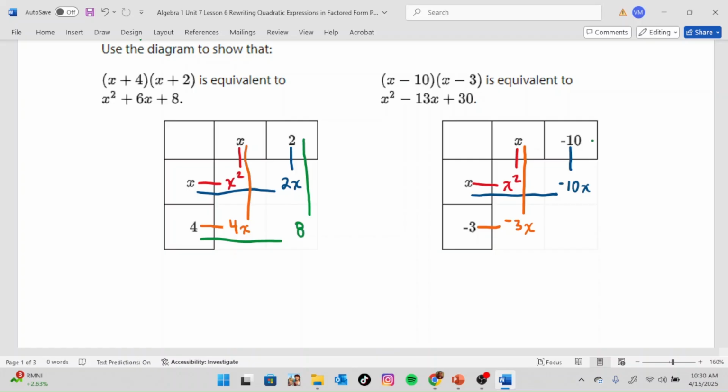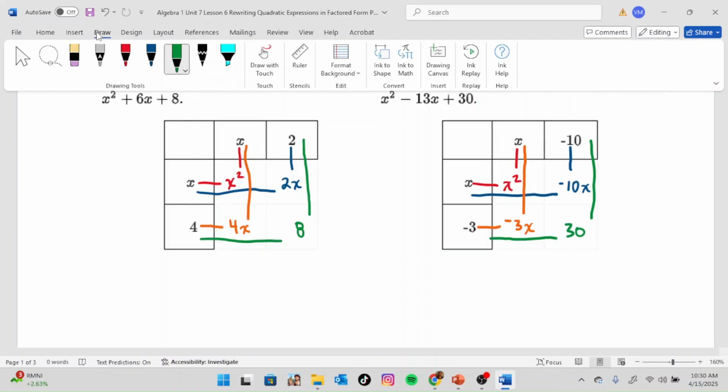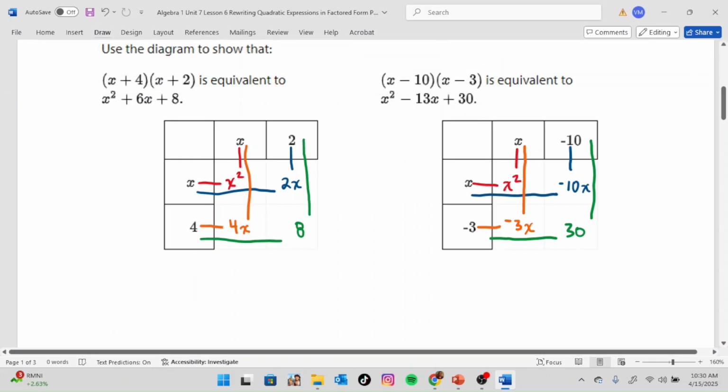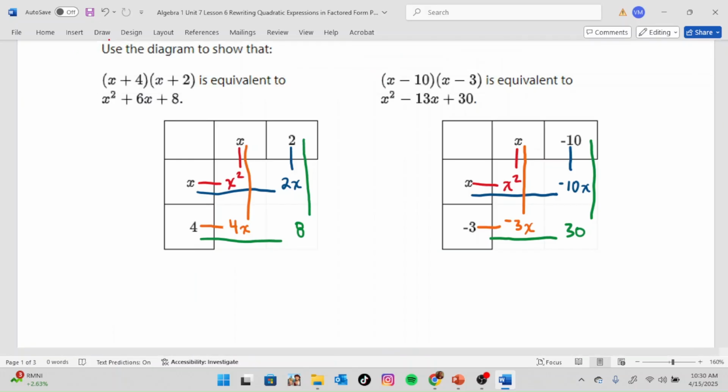And then on the right side, we're going to bring this 10 down, and we're going to multiply it by this negative 3 on the left, and a negative times a negative is a positive, and 10 times 3 is 30. So once we have our entire table filled out, we're simply going to add all of these answers together.